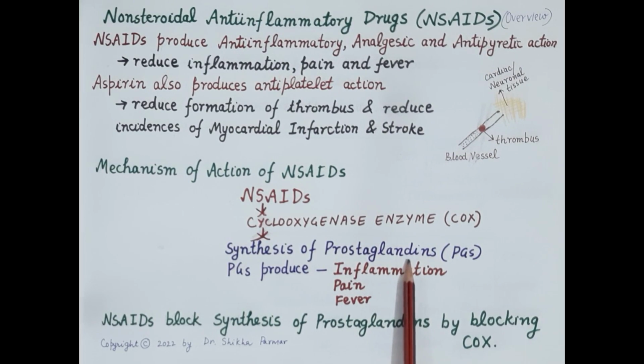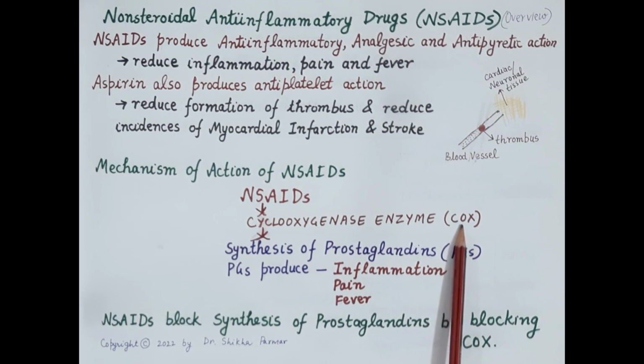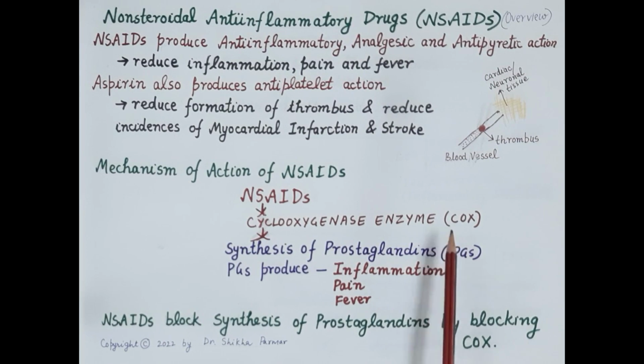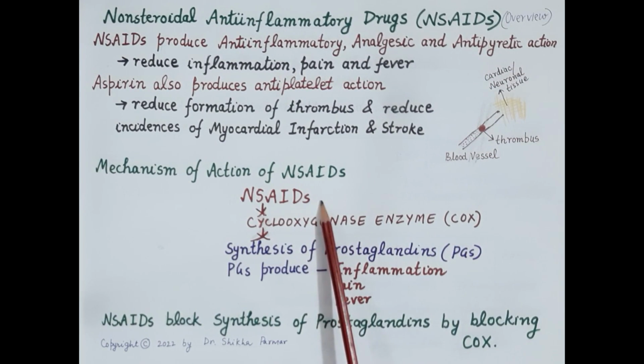So NSAIDs block the synthesis of prostaglandins by blocking the enzyme cyclooxygenase, in short COX. So the basic mechanism of action of NSAIDs is to block the enzyme COX, thereby reducing the synthesis of prostaglandins, and this produces anti-inflammatory, analgesic and antipyretic action.